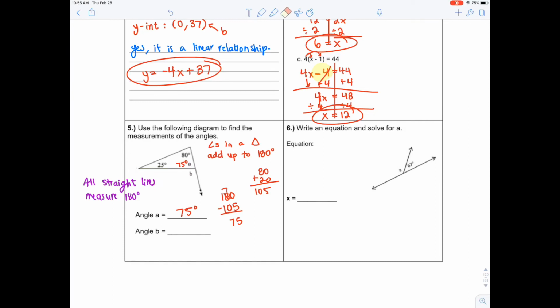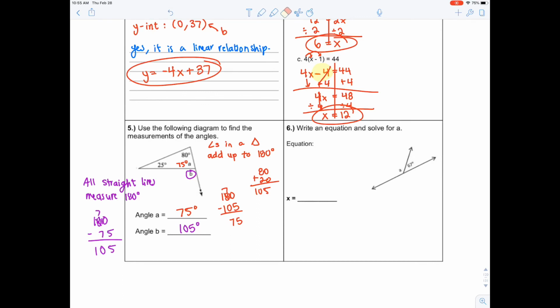So going back to what I have, I know that angle A is 75 degrees, so how much does that leave for angle B? Well, if you take 180 minus 75, you should get your answer. And there we go. So angle B is 105 degrees.